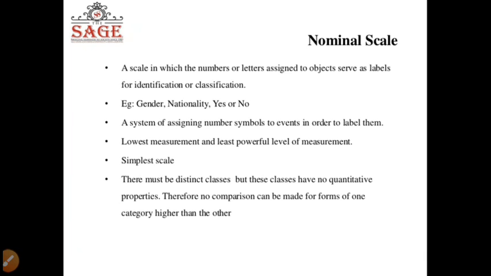A certain identity has been given to me, so I can say that it is a nominal scale. It is a scale in which the numbers or letters assigned to objects serve as labels for identification or classification. So for me, Simrina is a classification, or an identification of me.